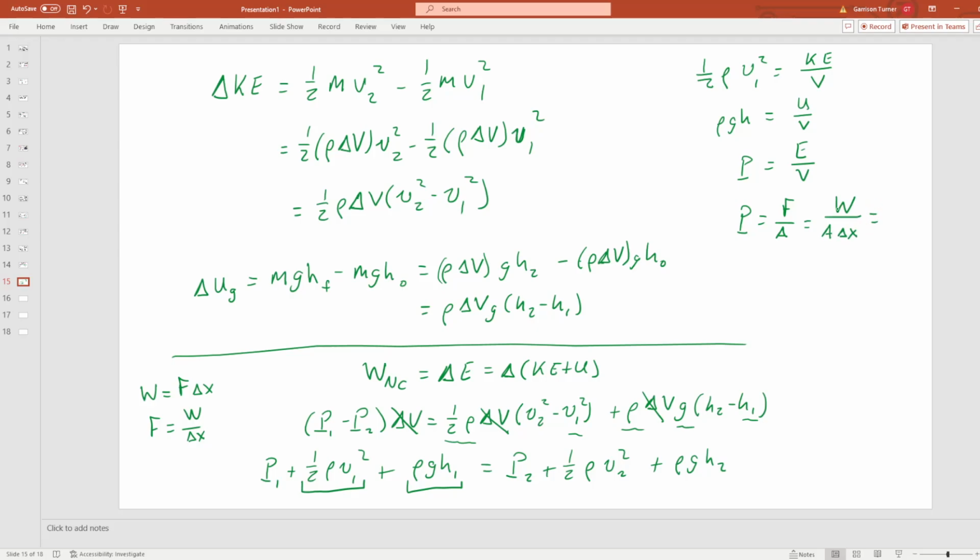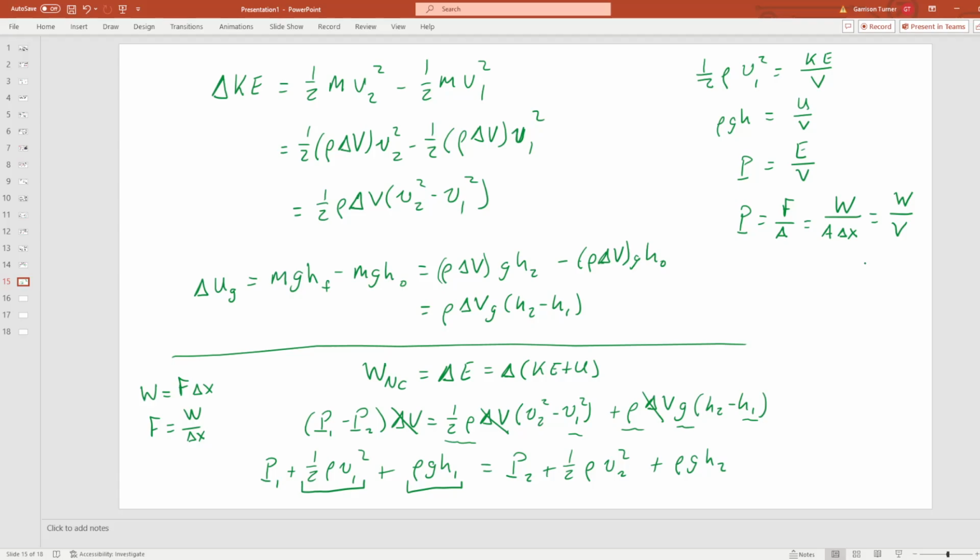But work per displacement divided by area is the same thing as work per volume. So you can think of pressure as either a force per unit area or as an energy per unit volume.